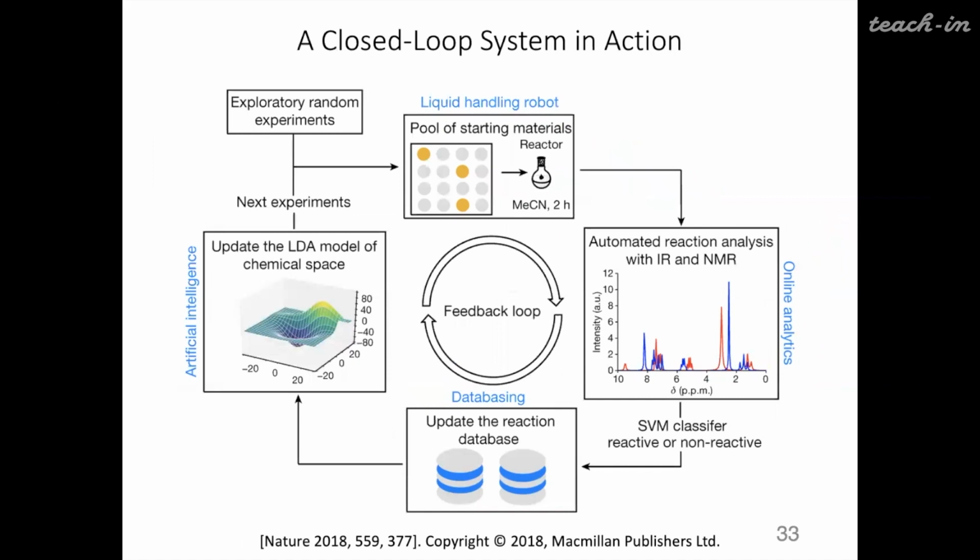So this is basically a closed loop system in action, and after a set of exploratory random experiments, we can take some combinations of reactants from the pool of starting materials, combine them, or the computer combines them.